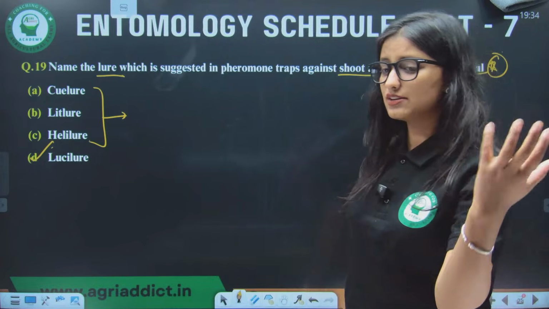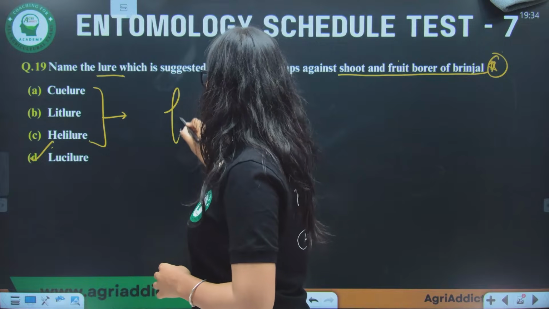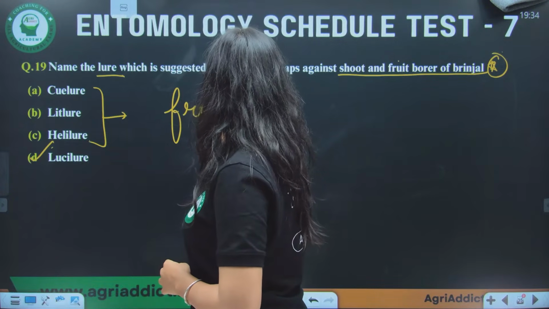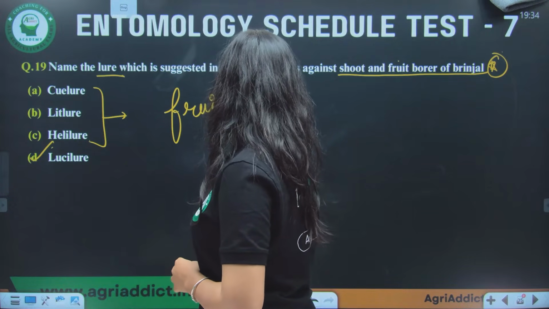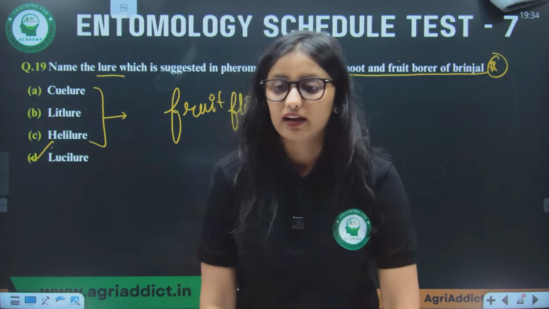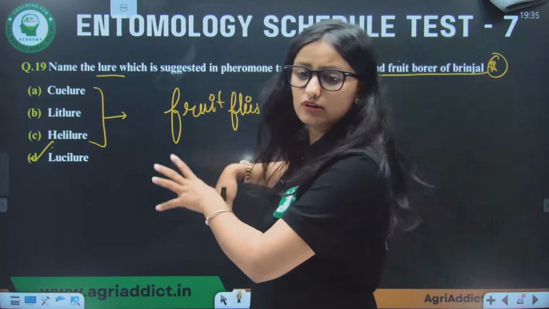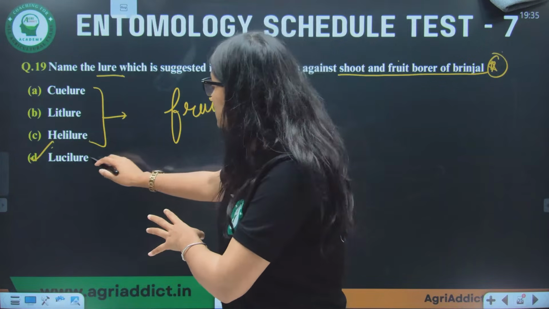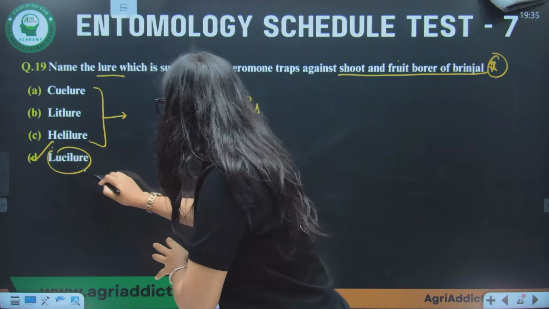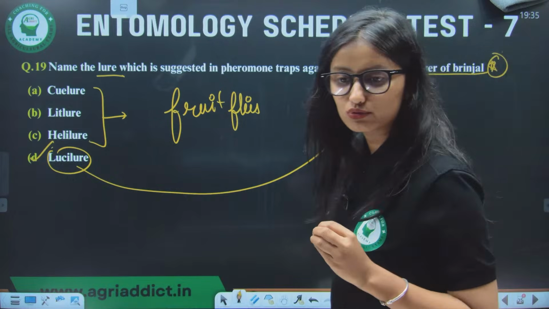These are generally used for fruit flies. Very good. Oriental fruit flies, generally they are used for fruit flies. And this is specifically for what? Shoot and fruit borer of brinjal. Very good. Arun Kumar and Devi Priya.